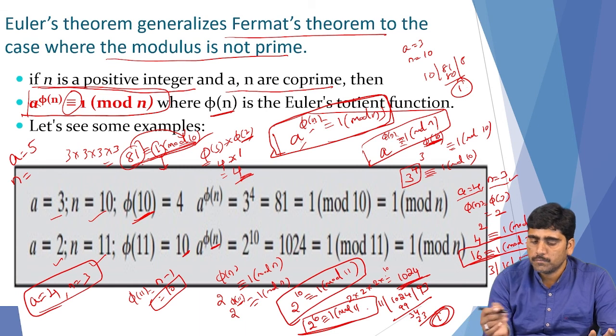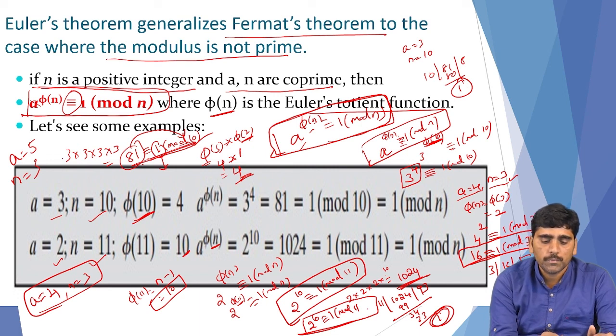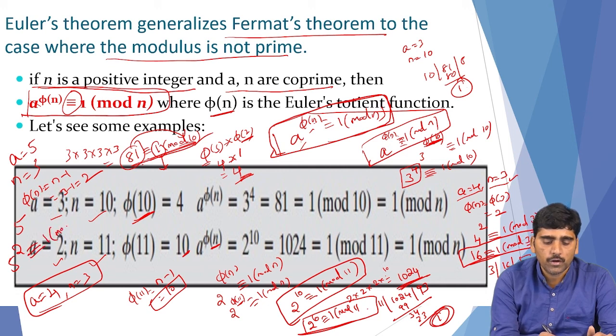You can take a equals 5 and n equals 3. So substitute them, a to the power phi of n. So a is 5, and phi of n equals n minus 1, that is nothing but 3 minus 1, that is 2. So 5 squared congruent to 1 mod 3.